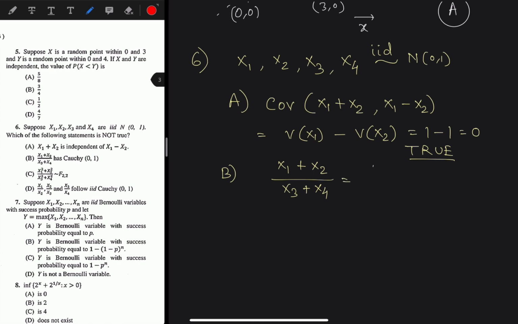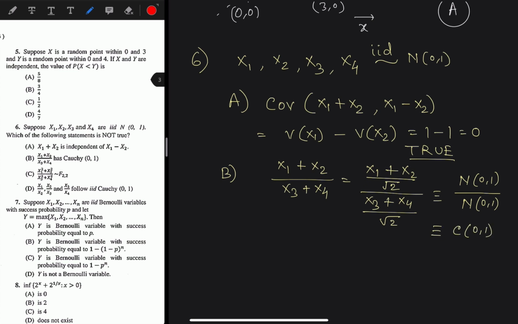So it can be written as x1 plus x2 by root 2 and x3 plus x4 by root 2, which is normal 0, 1 by normal 0, 1, the ratio of two independent normal 0, 1, which will give Cauchy 0, 1. So option B is also true.